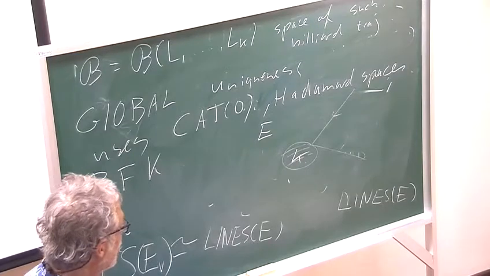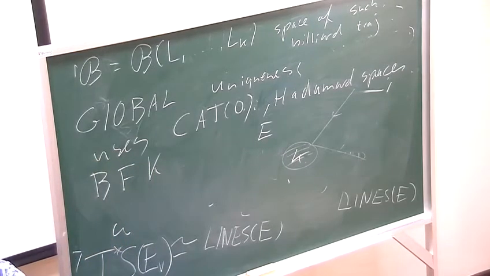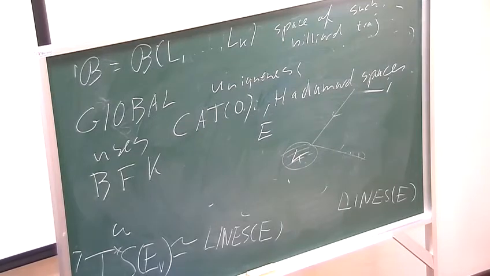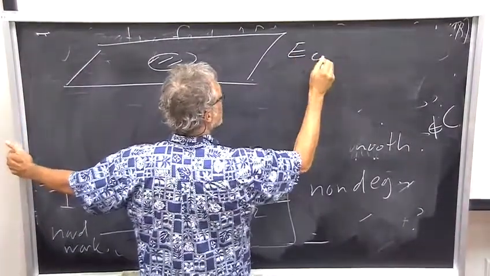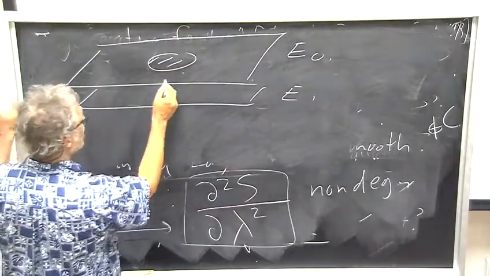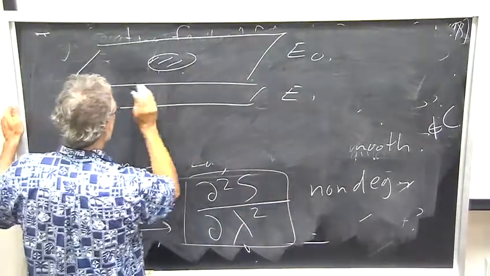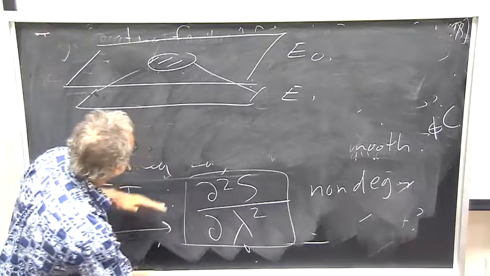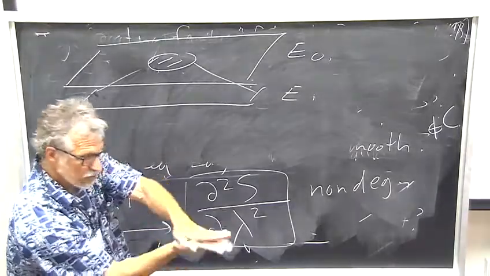And what you do, we're going to make a new space: we glue 2 copies of E together along K. I take a copy of E, which I'll call E0, and another copy that I'll call E1, and I glue them together metrically along K. So the best way I can do it is kind of have them come in like this. So what does that mean? That means you can literally just glue them.